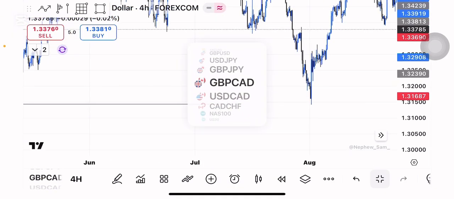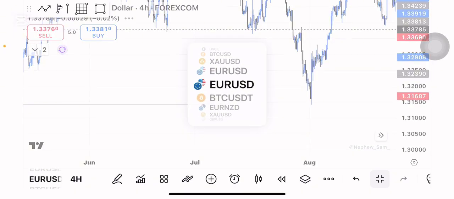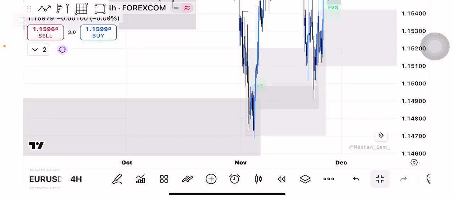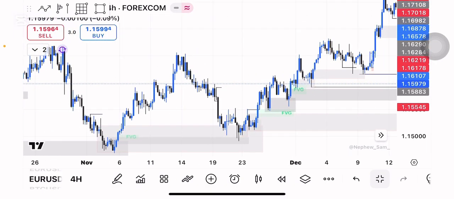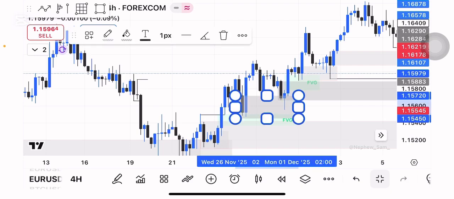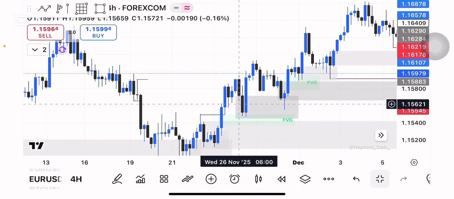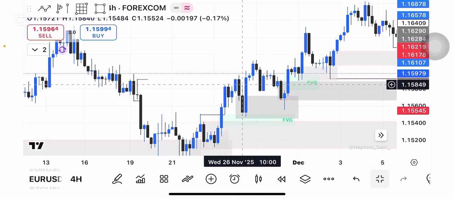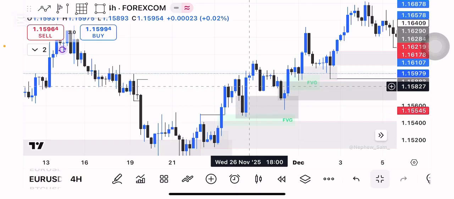Okay, so EUR/USD, you're going to see the particular order block. So this particular one now you're seeing here, this one, you see that I marked. As you can see, this is an engulfing bar. After the last bearish candle, it got engulfed.